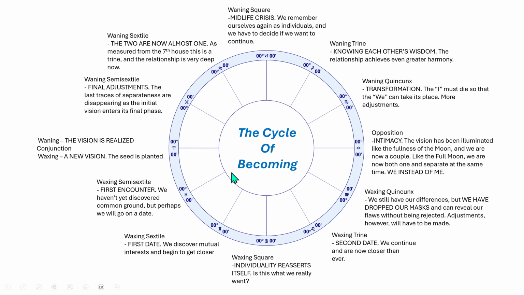So I'm going to go through this as quickly as I can, but I like to use a relationship, the beginning and the final end closure of a relationship, as an example of these 12 phases that you can apply to any cycle.